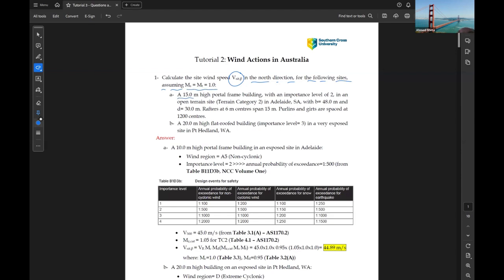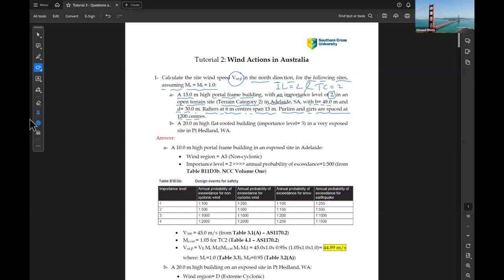So we have a 15-meter high portal frame with an importance level of 2 in an open terrain site, terrain category 2, in Adelaide, SA, with B equal to 48 meters and D 30 meters. Rafters are at 6 meter centers, span 15 meters. The purlins and girts are spaced at 1200 centers.